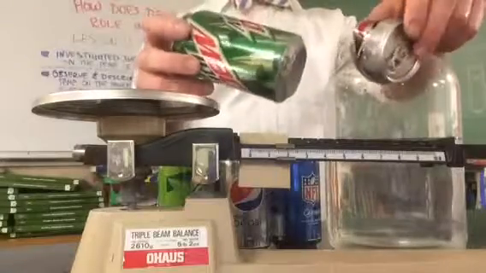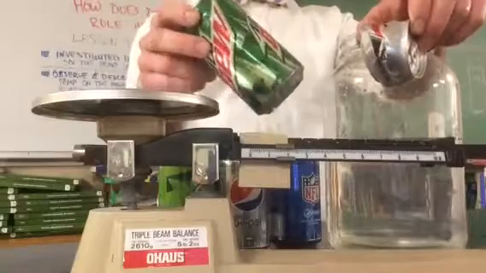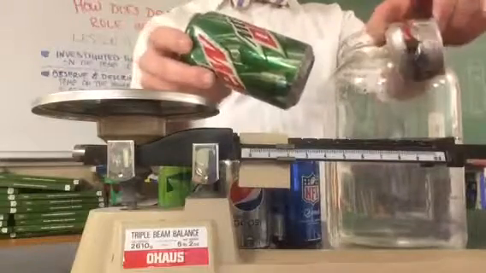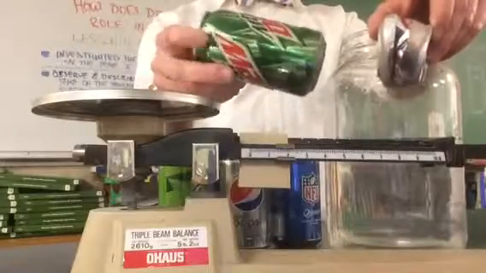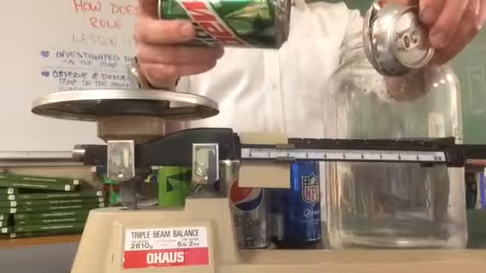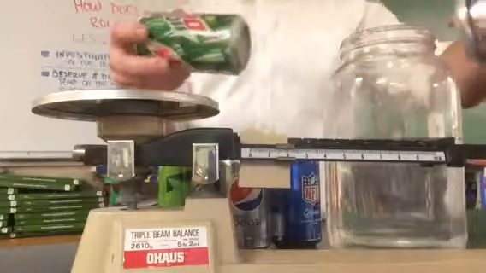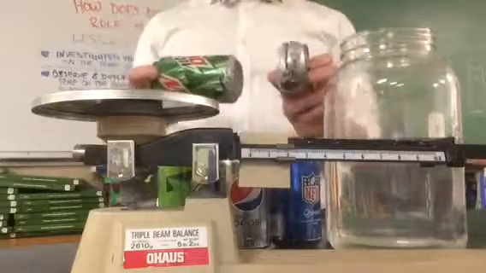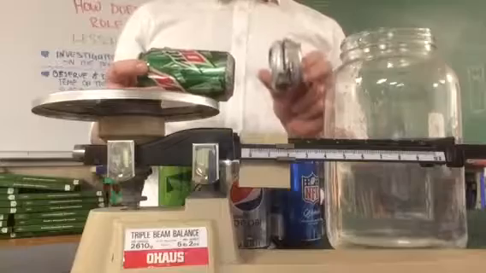Some of you were confused as to why, but I want you to think about this. We have the same amount of aluminum here as here. The only difference is we've smashed more aluminum into a smaller space than we have here. In every period it took a little bit, but basically we came up with the idea that density has to do with how much stuff is smashed into a certain space.